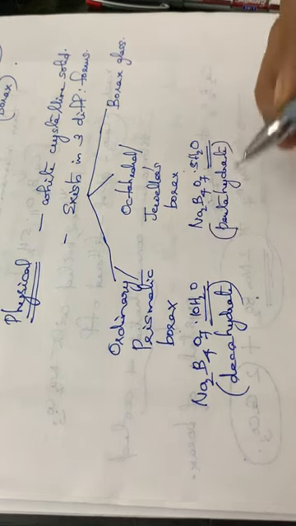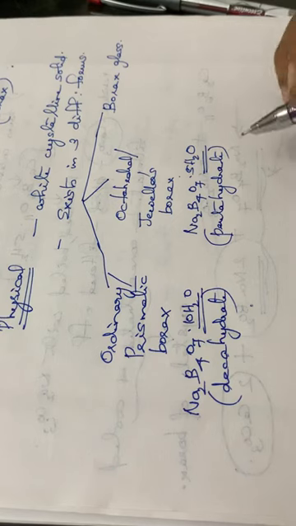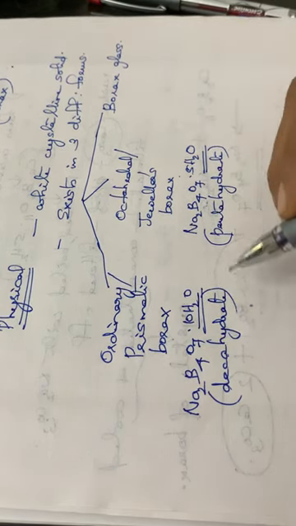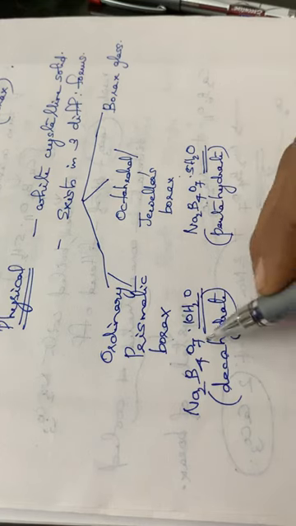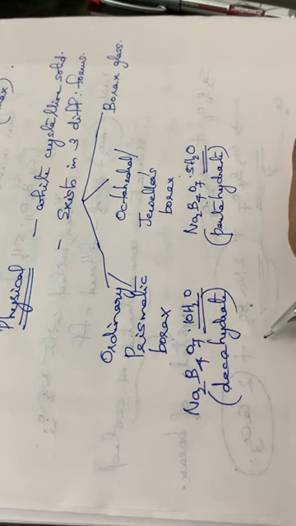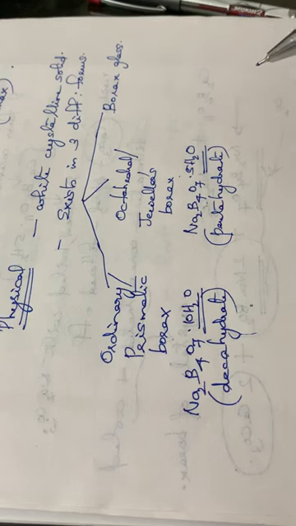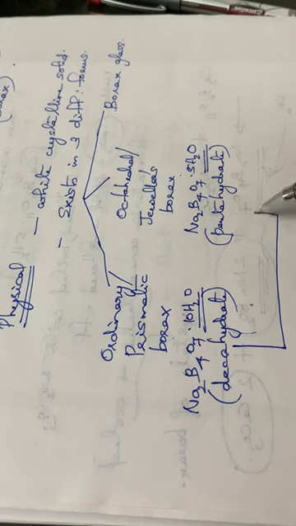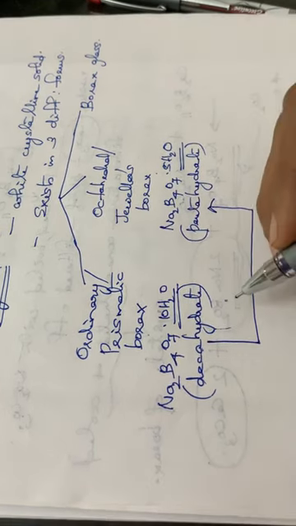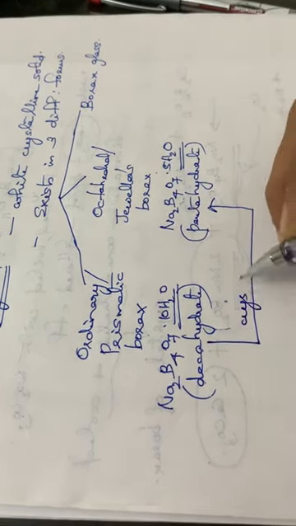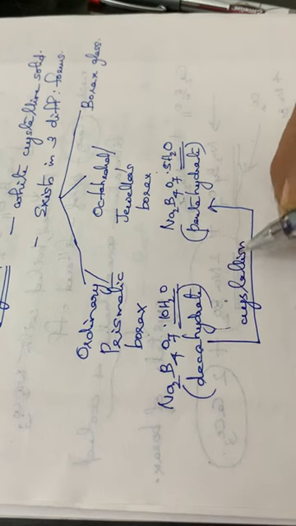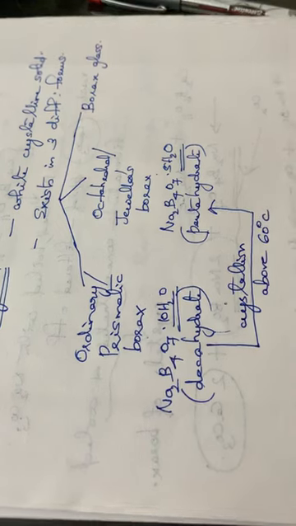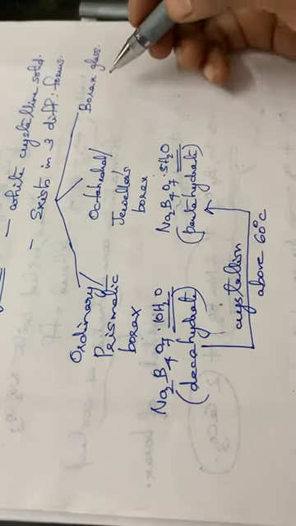This pentahydrate is obtained by the crystallization of ordinary borax above 60 degrees Celsius. So when crystallization is done above 60 degrees Celsius, we will have this pentahydrate or octahedral borax.